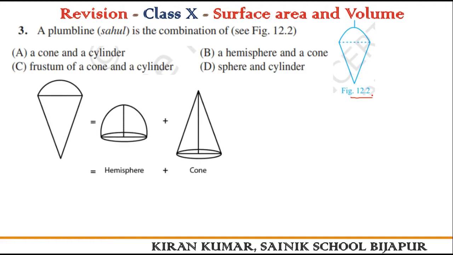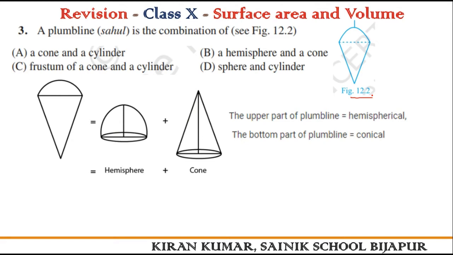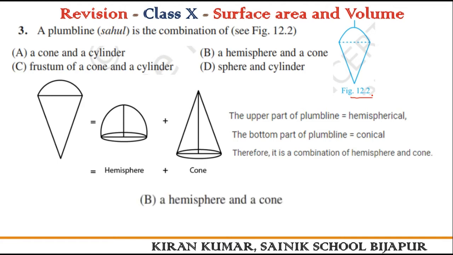The upper part of the plumb line is hemispherical, the bottom part is conical, therefore the combination of hemisphere and a cone. So the right option is option B, a hemisphere and a cone.